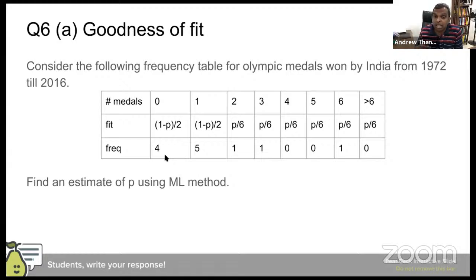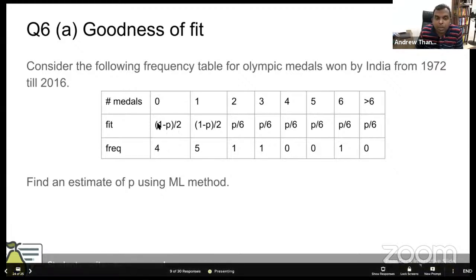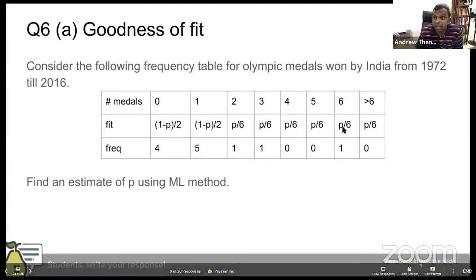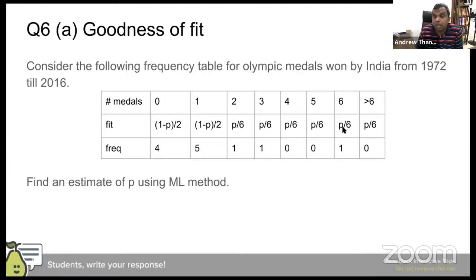So what's the likelihood of these samples? It's (1 minus p) by 2 raised to the power 4, times (1 minus p) by 2 raised to the power 5, times p by 6, another p by 6, another p by 6. That's the likelihood. So it will be proportional to p to the power 3 times (1 minus p) to the power 9.